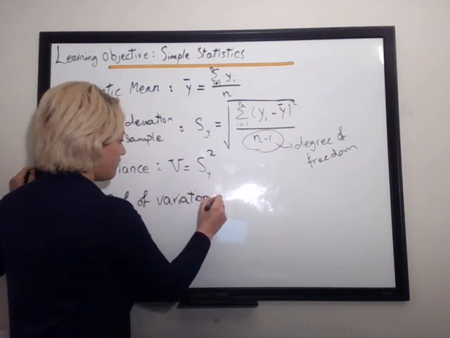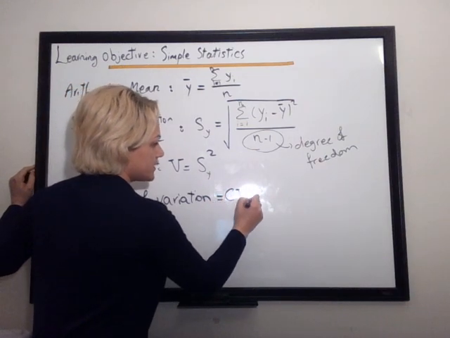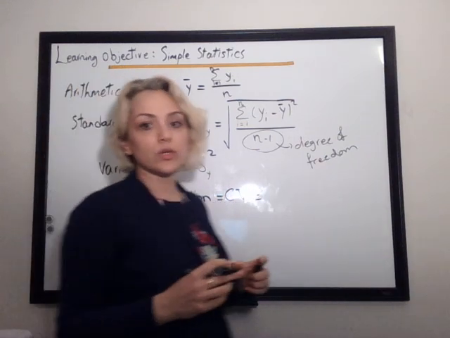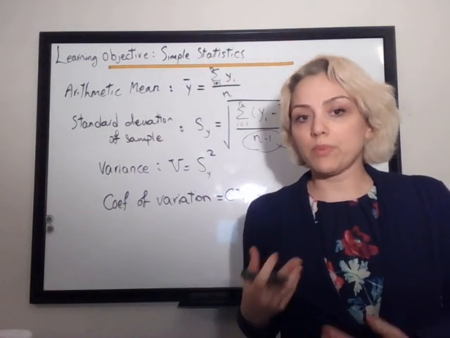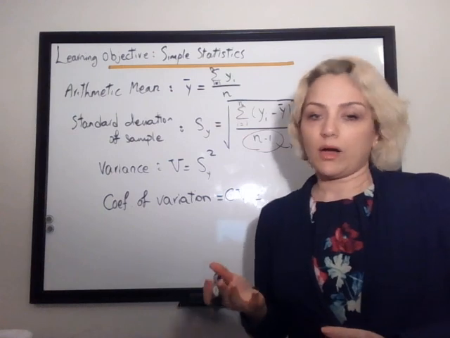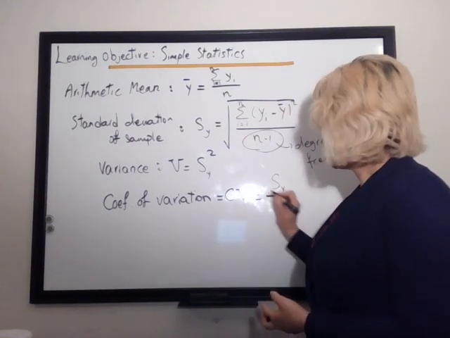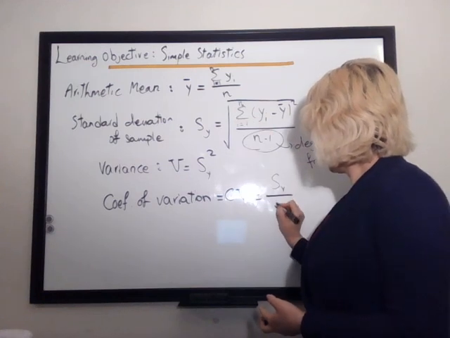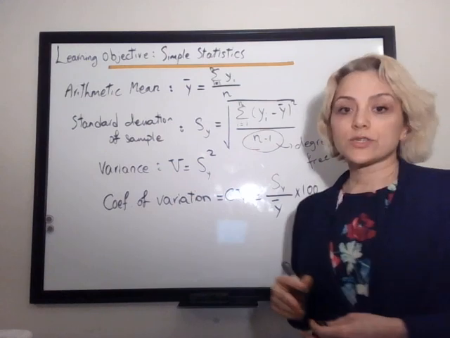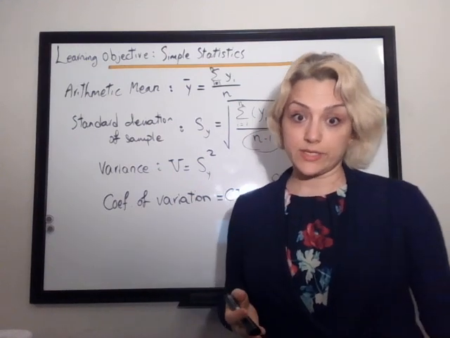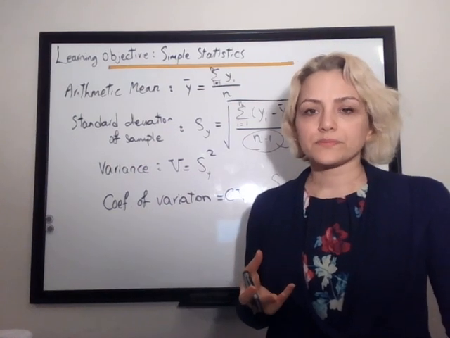Sometimes it is shown by CV, and it is equal to the standard deviation divided by the mean and multiplied by 100. So it's my standard deviation divided by my y bar times 100. This is another term that we are going to use when we are working with data.